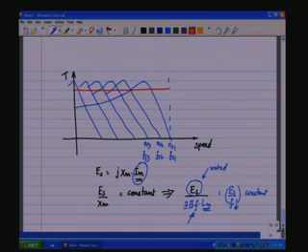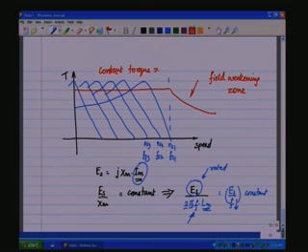Beyond a particular point, the field weakens and the torque also reduces. So this is the field weakening zone. This is the constant torque zone. This is also called the constant power zone.